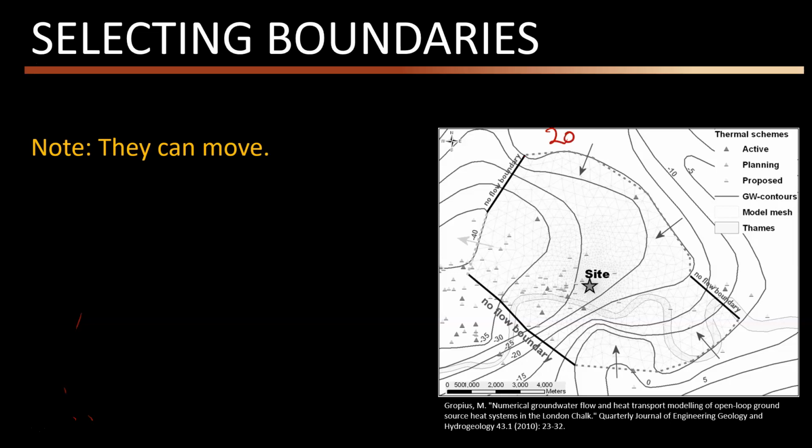For example, this is a 2005 potentiometric line. And if you find another map, you can find a 2010 potentiometric map. And as you can guess, these potentiometric lines would not be the same in 2010, right? So they may change, they move because the groundwater moves, right?